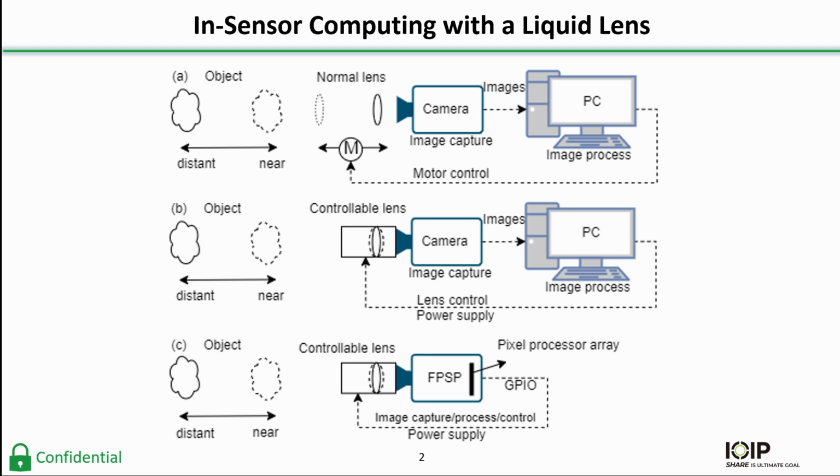When we take the picture, light goes through the lens to the camera, inside the camera the sensor gets the image, then converts the analog signals to digital data and sends it to the PC.